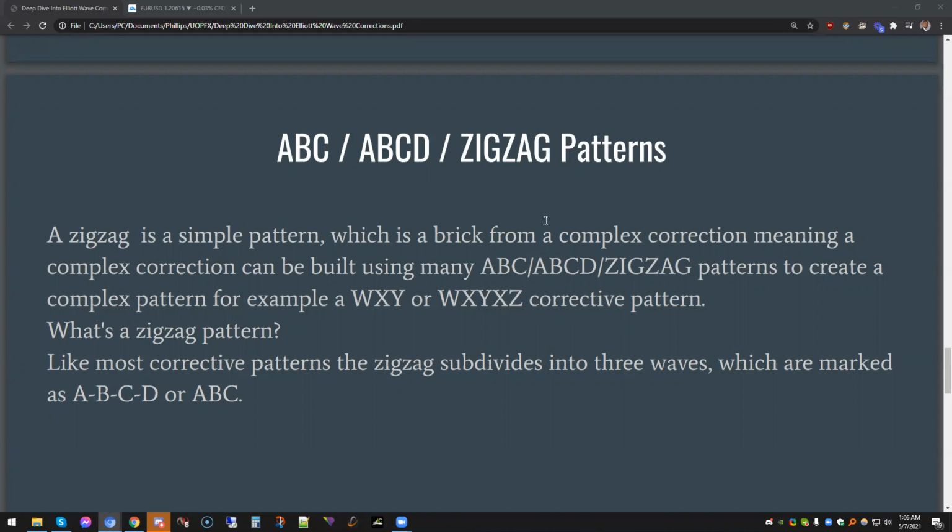Now, a zigzag can be marked as AB equals CD. With this pattern, you would have the AB leg being equal to the CD leg in length. And we also have the ABC. This is where you may have the A leg being long and the C leg being short, with a B wave correction. The B wave could be any corrective formation.